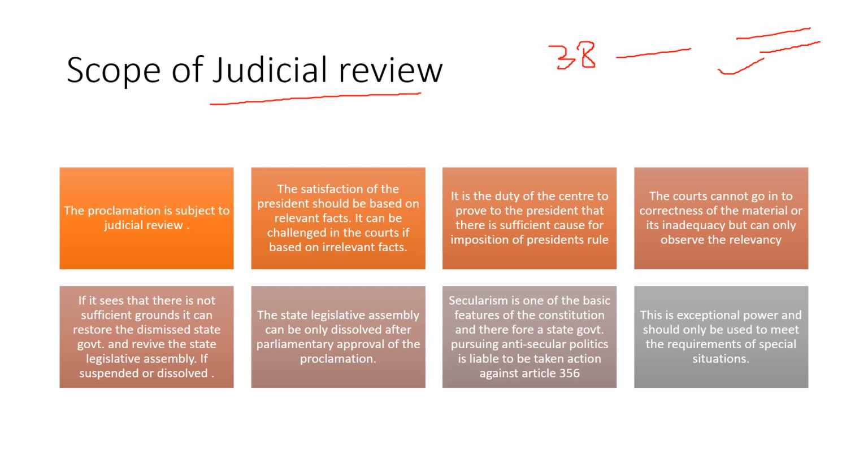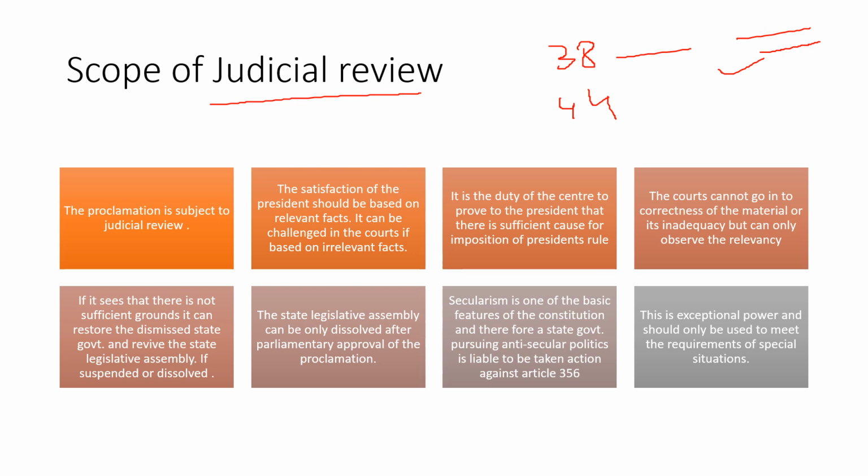And this, however, was changed by the 44th Constitutional Amendment Act. The 44th Constitutional Amendment Act of 1978 said that this particular clause, which said that if the president was satisfied, could actually be challenged in the court of law and was not beyond judicial review.